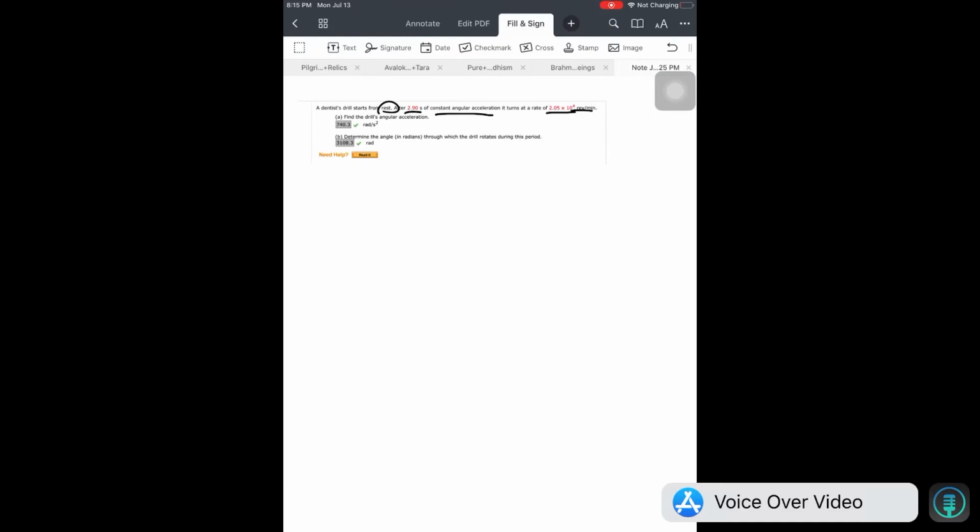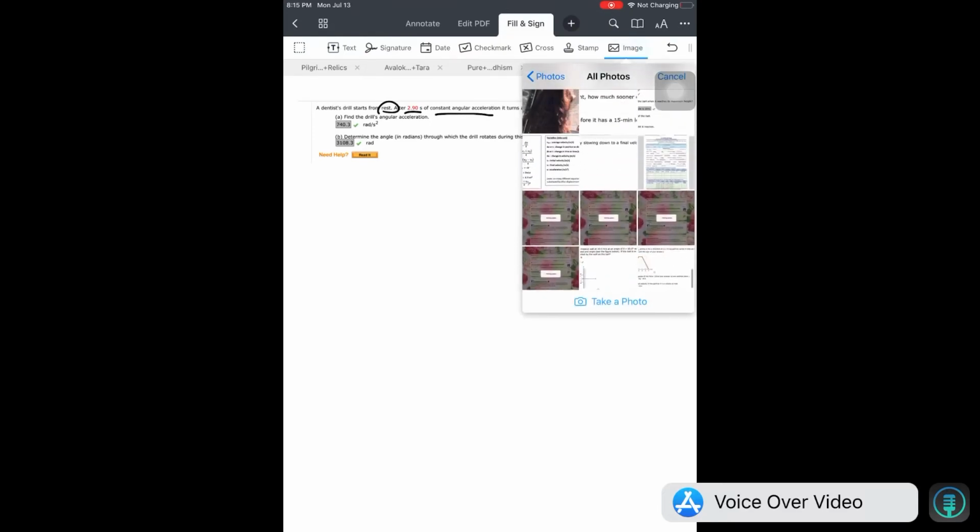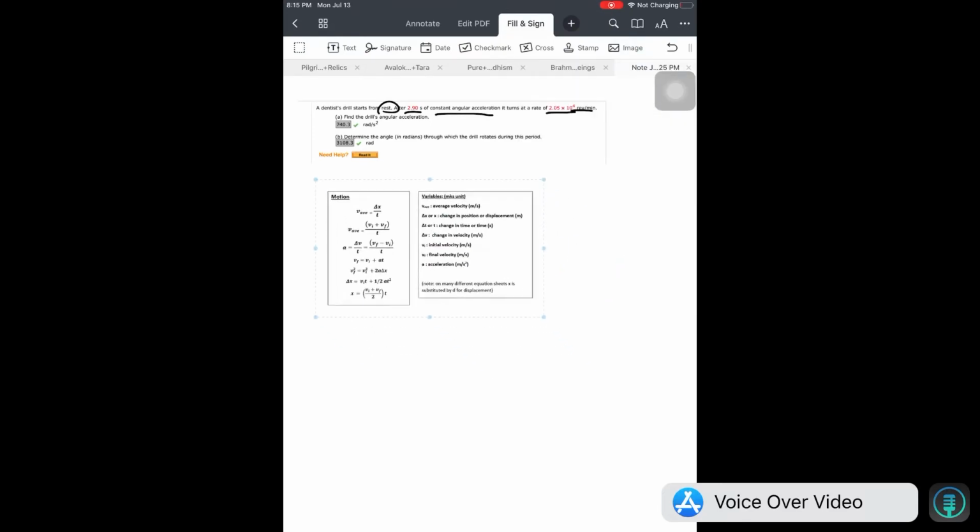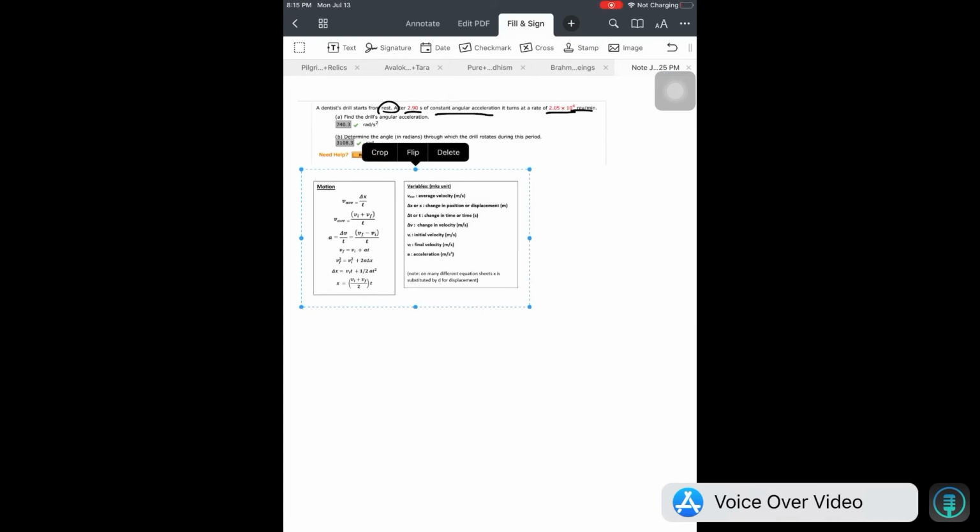So what I'm doing right now is pulling up the kinematic equations that we could choose from. This is for linear distance, but we could change it to angular distance. It's the same equations, but different letters that mean different things in different forms of motion.